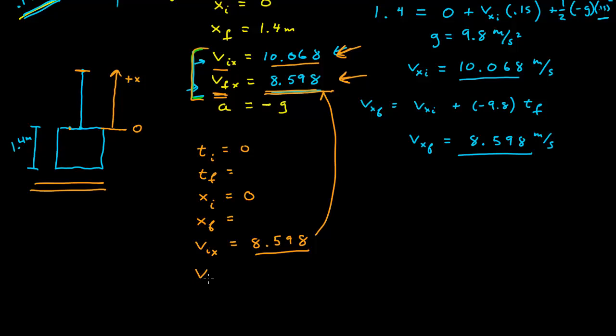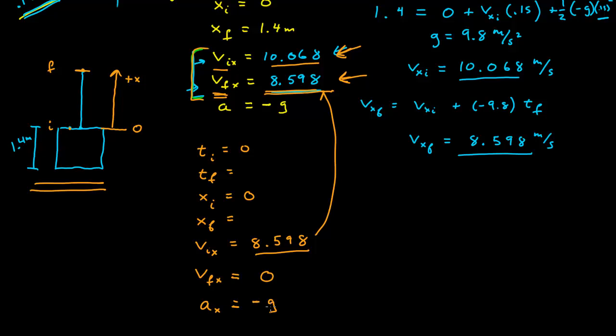Okay, so now in this problem, the final velocity is the point where it reaches the highest point of its trajectory. At the highest point of a trajectory, the velocity is 0. So the final velocity is 0. Now I know my velocities, and I know the acceleration, which is still negative g.